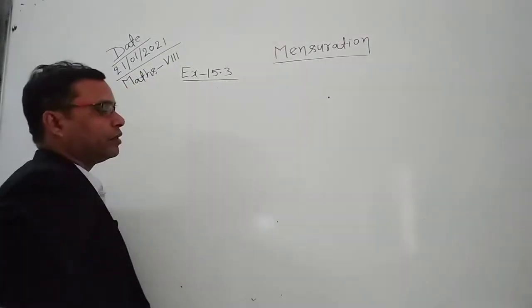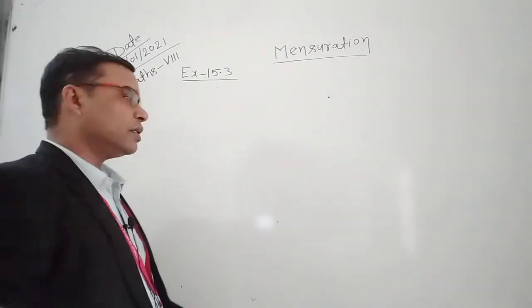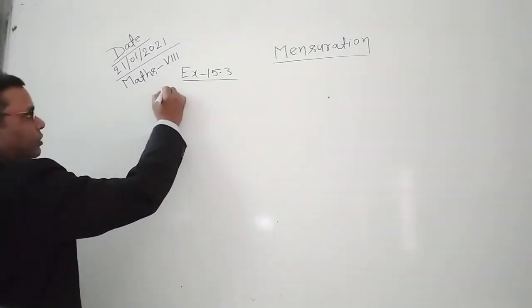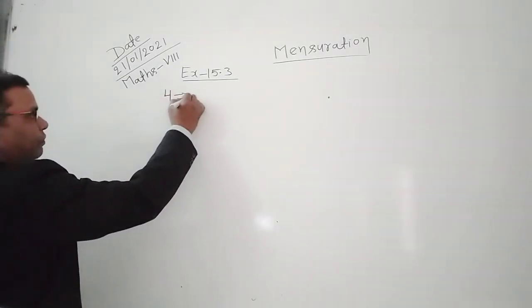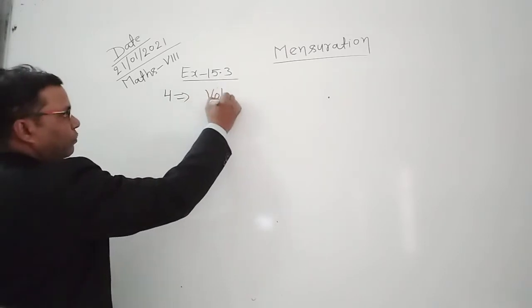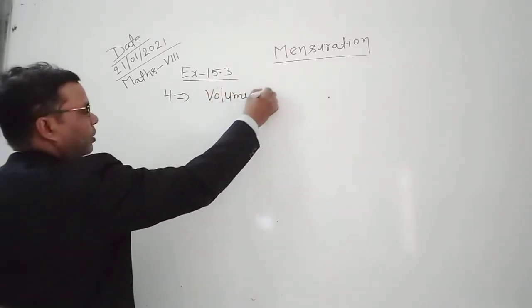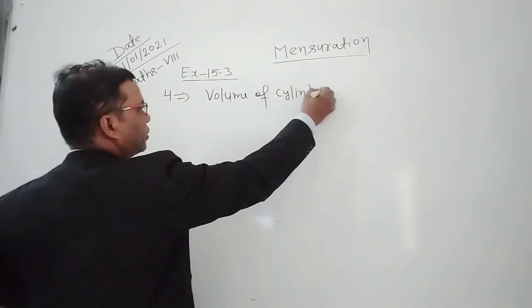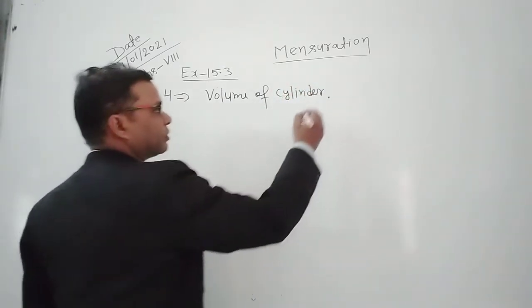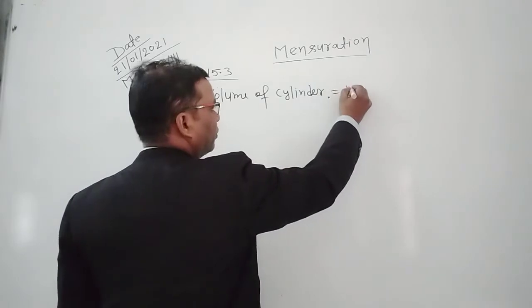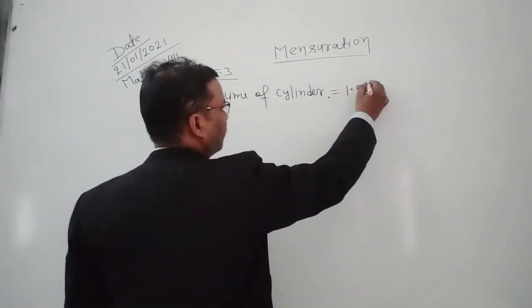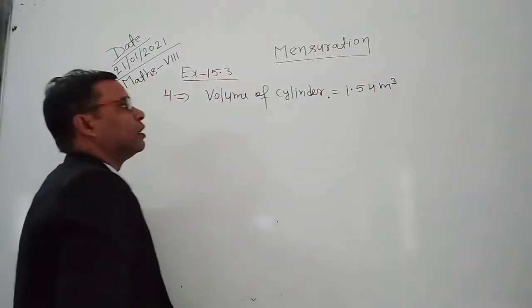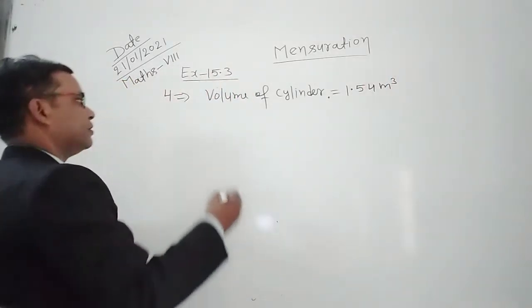The volume of the cylinder is given here, 1.54 meter cube, and the base diameter.